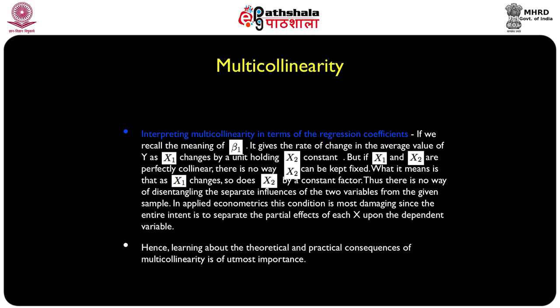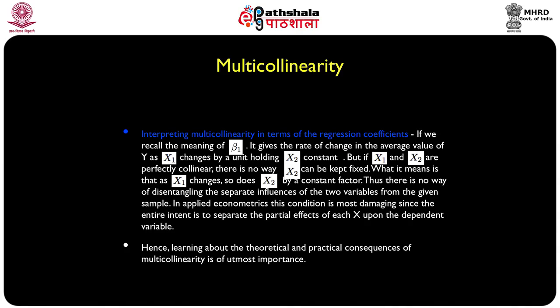If we recall the meaning of regression coefficient beta 1, it gives us the rate of change in the average value of dependent variable y as the independent variable or explanatory variable x1 changes by a unit, holding the other explanatory variable x2 constant.